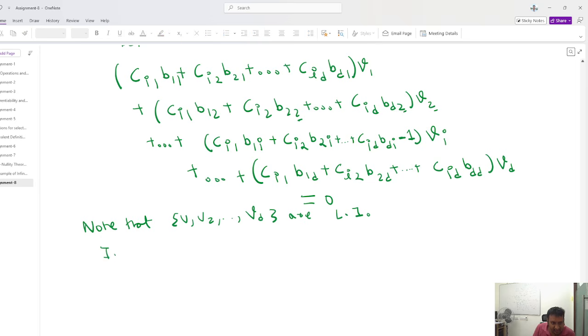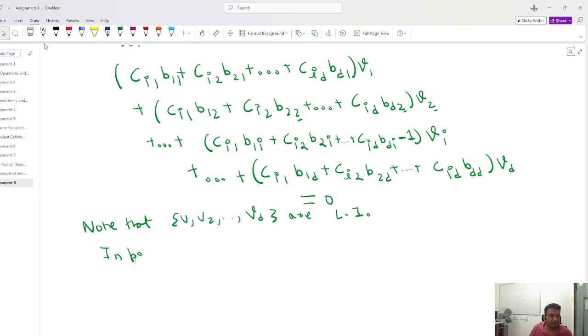So in particular, all these scalars, if you see here in this expression, this implies all scalars in the above equation are zero.